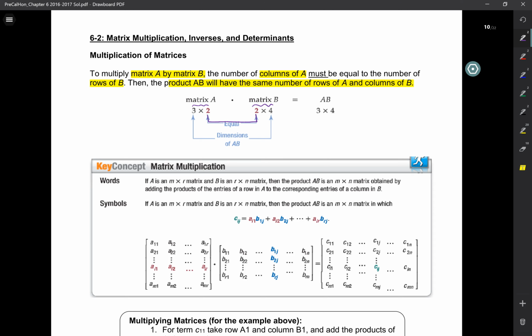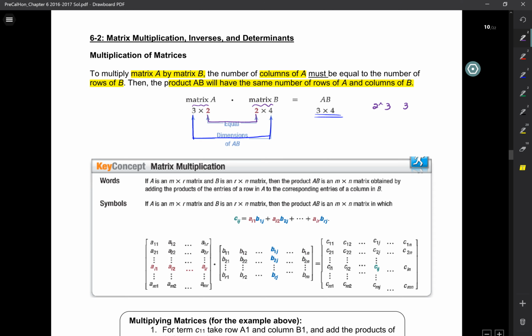So to multiply, the inner numbers must be equal to each other. Once they are equal, you multiply them, and the final product matrix will have the dimensions of the outer numbers, 3 by 4.